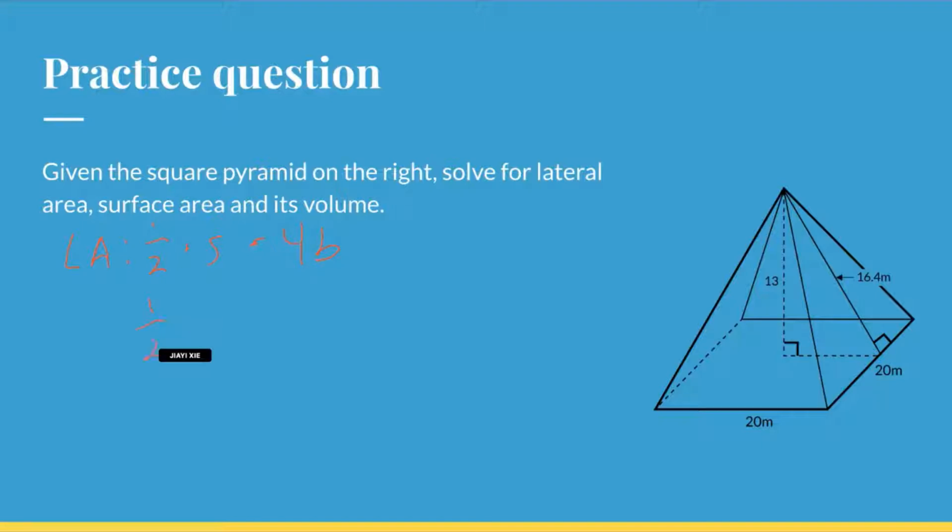This will be 1/2 times S, the slanted height, which is 16.4, times 4 times the base, which is 20. You plug it into your calculator and you solve, and you'll get 656. That will be the lateral area.